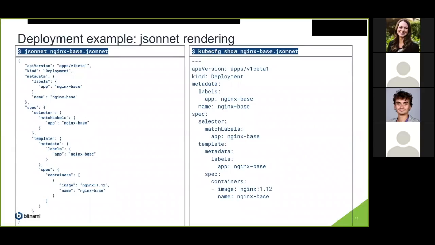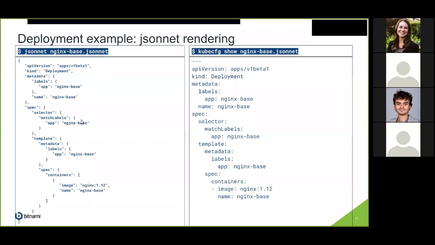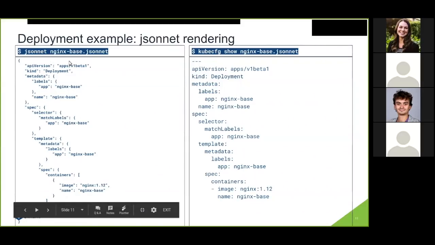You can see here, when we do the demo in the last part of the talk, I will show this again. Essentially, I will take this nginx-base.jsonnet that imports the kube deployment libsonnet from here. And then you can see the output from a couple of tools. There is a Jsonnet CLI that will evaluate your Jsonnet, and the output of this is JSON.